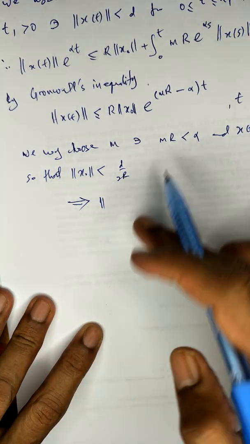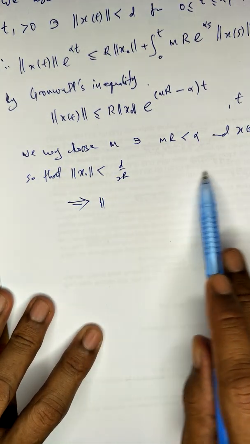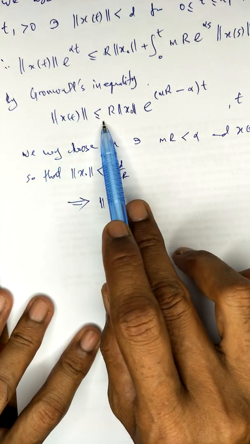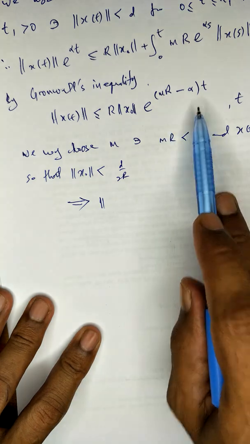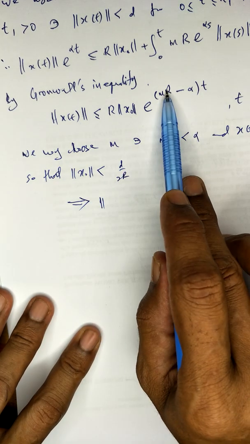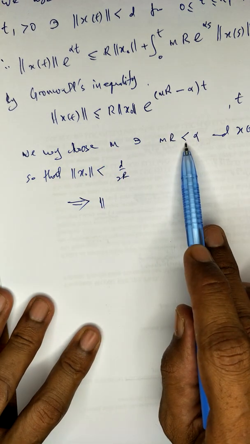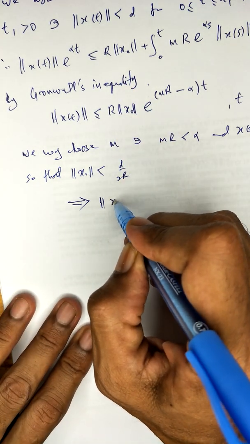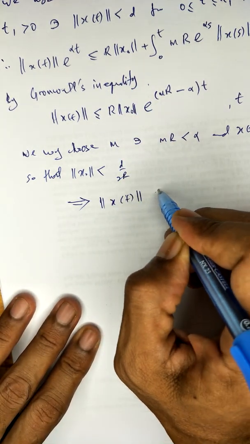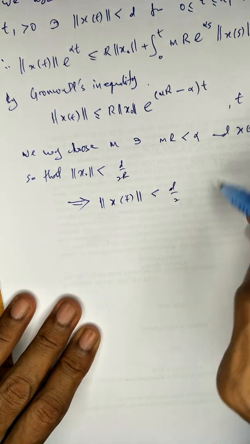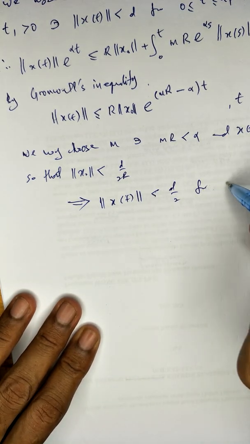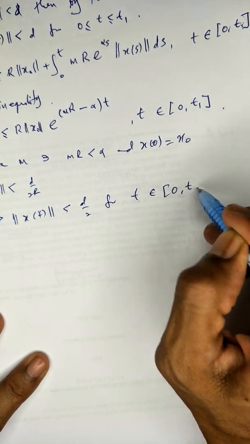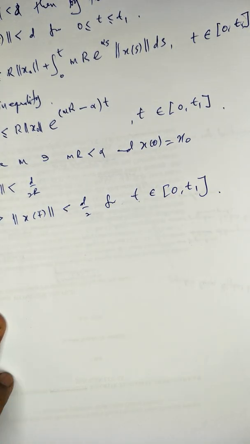If you substitute all these choices in there, we have the norm of x(t) less than d over 2 for t in 0 to t1.